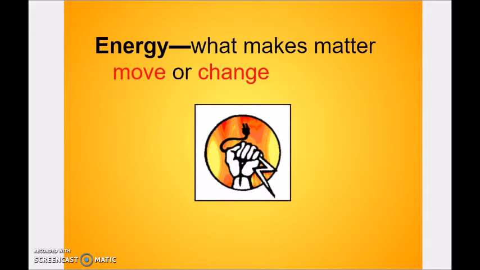And you've seen that when chemical reactions get warm, they release energy, so it took energy to make those things happen. And also when a chemical reaction gets cold, it absorbed energy, and absorbing that energy took the heat away, and that made it colder. Okay, so energy makes matter move or change.